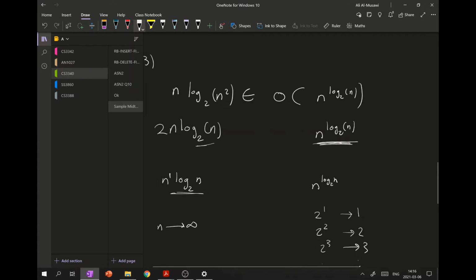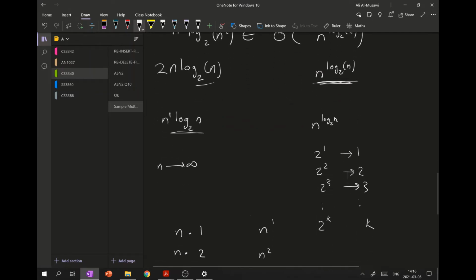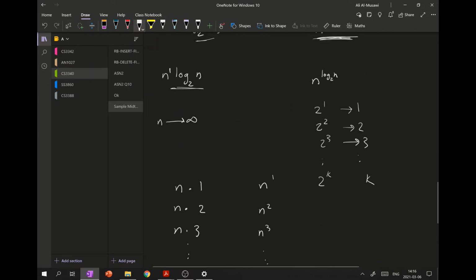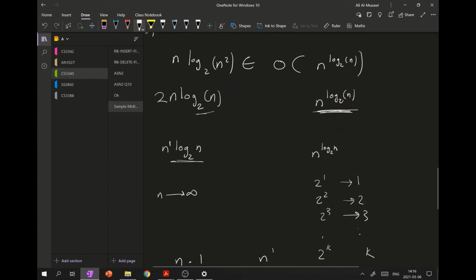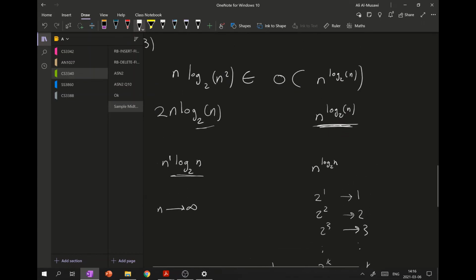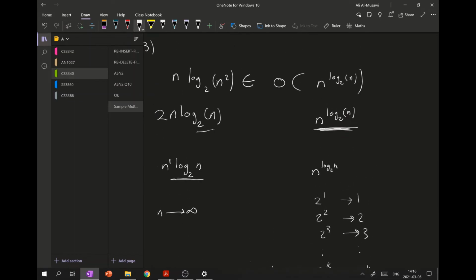So if this log is kind of confusing, what we can do is make it something else. But it wouldn't really change the matter. It's just that we're multiplying by the same thing and we're exponentiating by the same thing. Of course, ignoring constants, we can see that exponentiation is always faster.